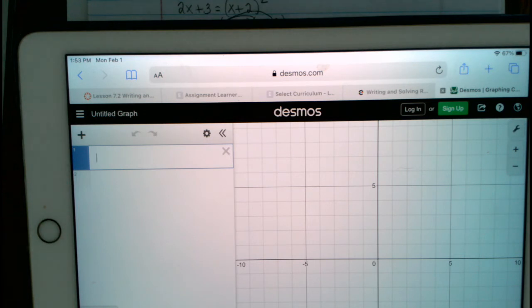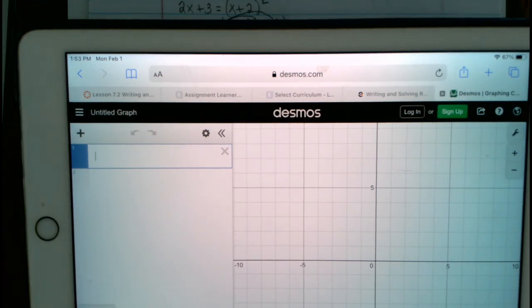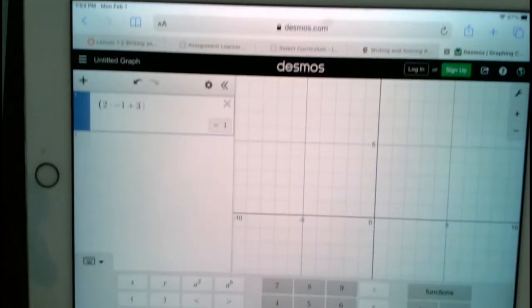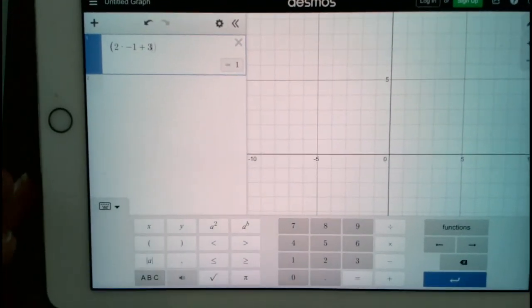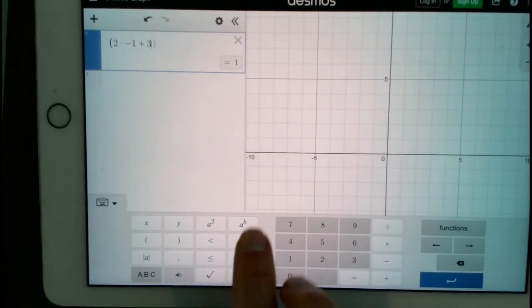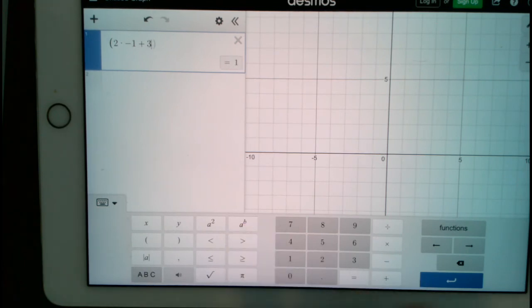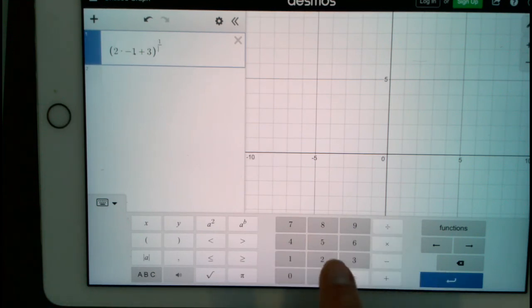We said that our answer to that problem was -1. So we're going to take that value of -1 and put it back into the original equation. So it was parentheses, and then I'm going to do 2 times -1 plus 3. Then I'm going to pick the A to the B button here after I go outside the parentheses, and then I'm going to do 1 divided by 2.